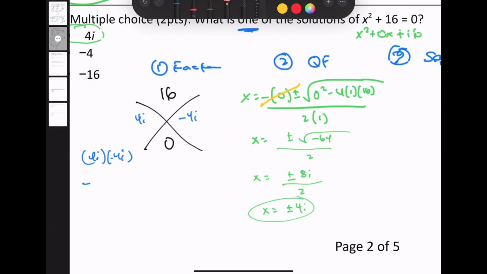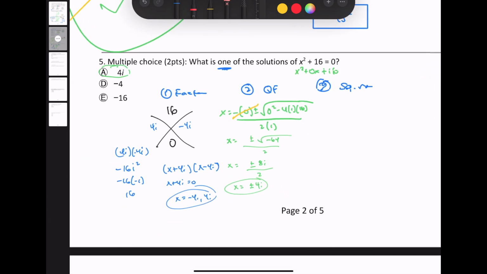So negative 4 times 4 is 16, and i times i is i squared. So that becomes positive 16. So you would get x plus 4i, x minus 4i, set those equal to 0, and solve. Same thing on that side, you'll get negative and positive.